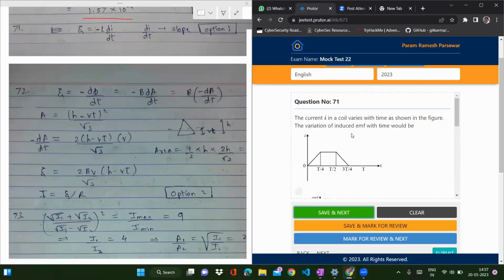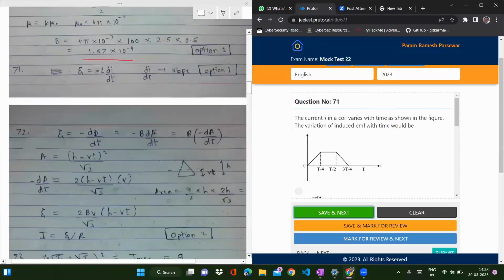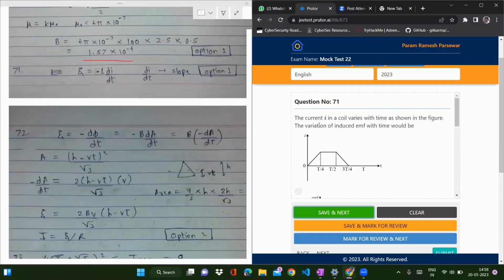Now in the question number 71, the current I in a coil varies with time as shown in the figure. The variation of the induced EMF with time would be. So the variation of I versus t plot is given. Now it varies in a coil. Coil has some self-inductance, and due to that there will be a generation of induced EMF when the current changes.